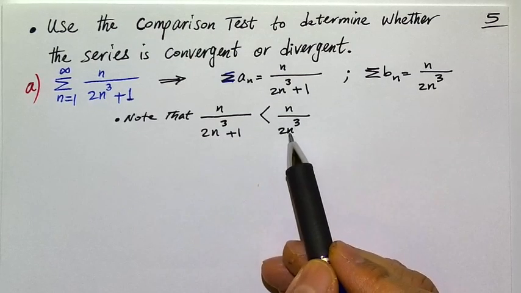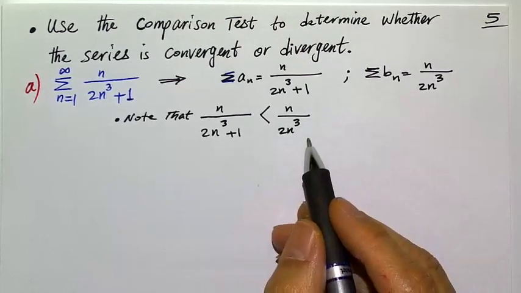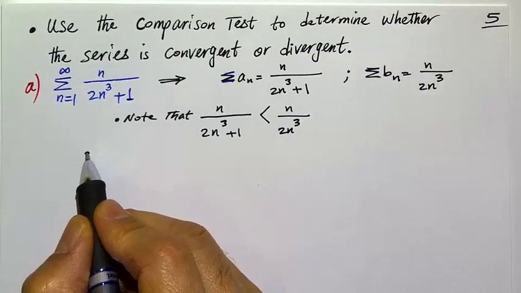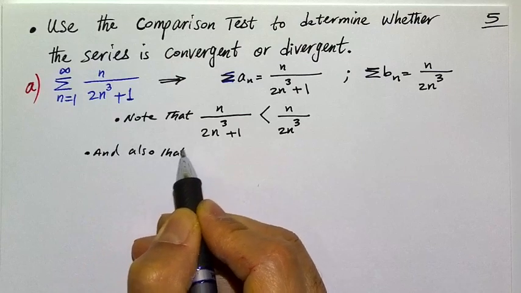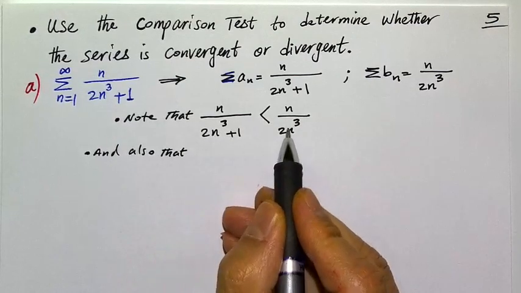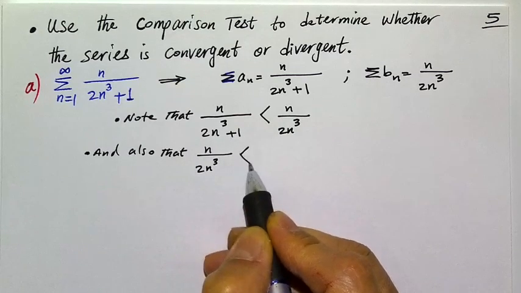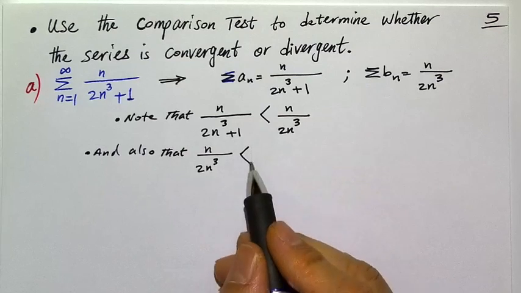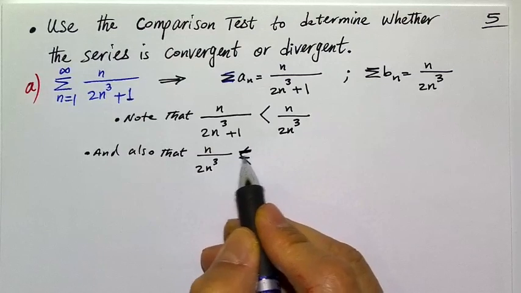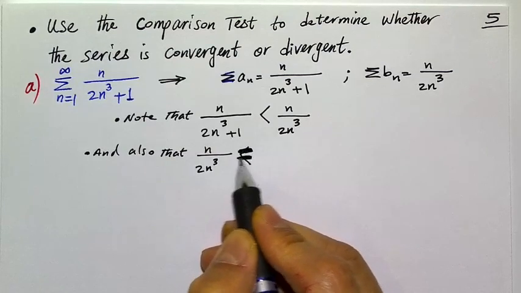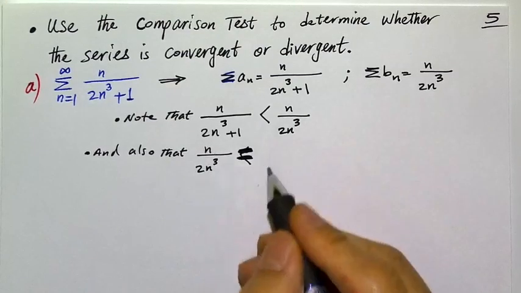Also note that this quantity is less than, and I will clean this up before posting it on Canvas, if we simplify this, what do we get?